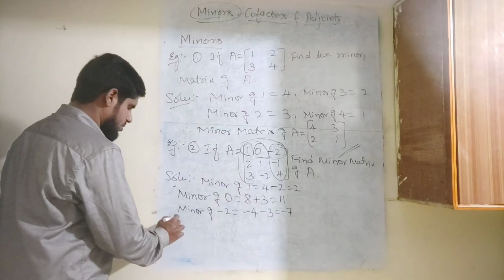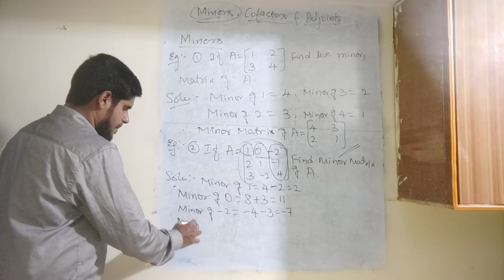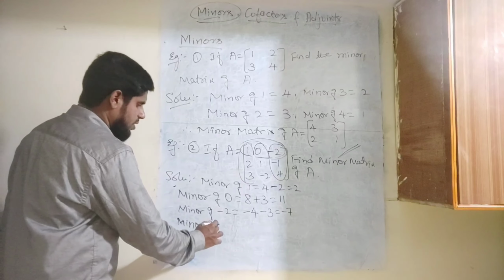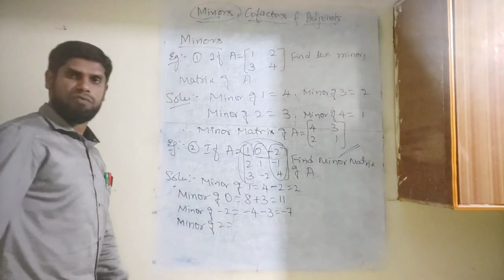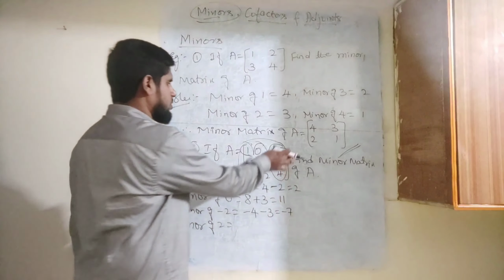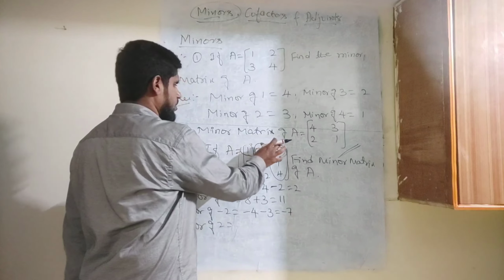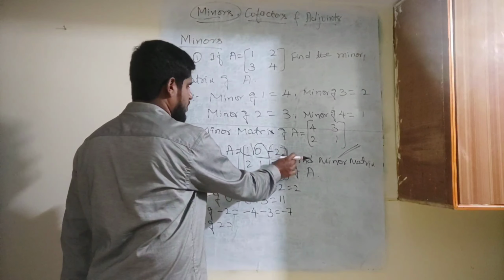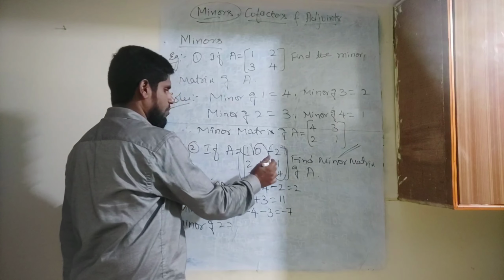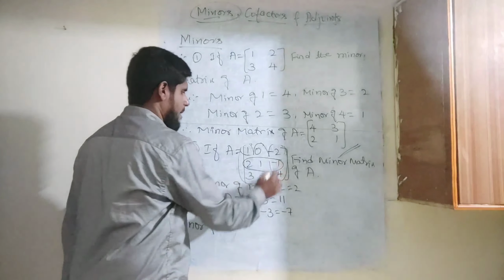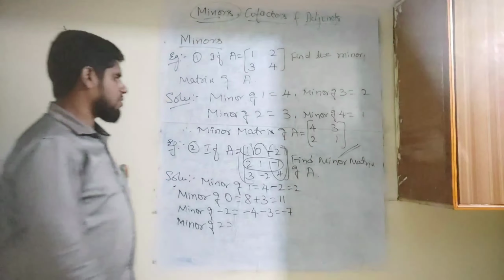Next, minor of 2, second row, first column. This time I should neglect the second row and the first column.